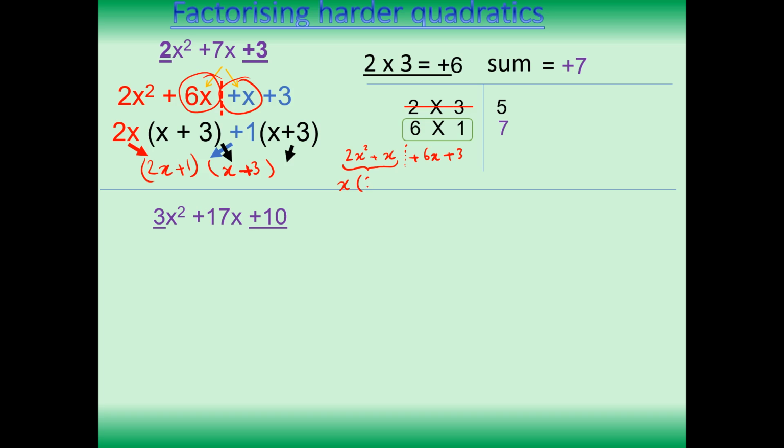So inside your bracket you'll end up with 2x plus 1. Now, in this form, the highest common factor is plus 3. So when we factorize that out, we'll have 2x plus 1. Notice again, you end up with two brackets that are exactly the same. So you collect these two terms inside one bracket, and you write x plus 3 and 2x plus 1.